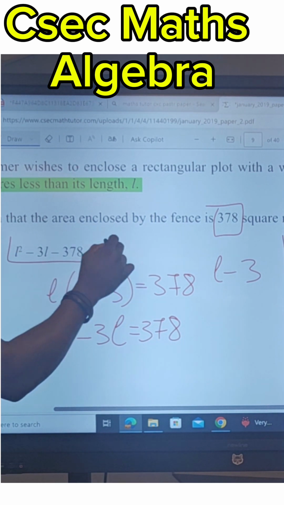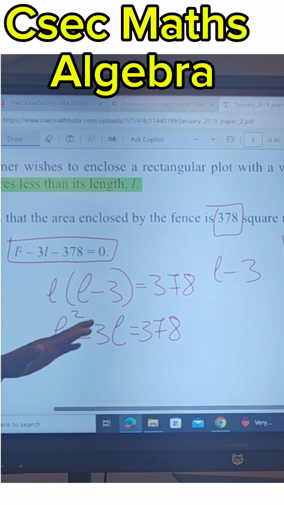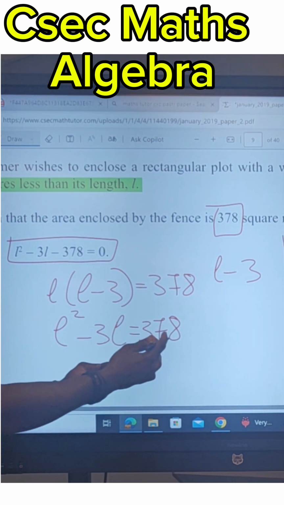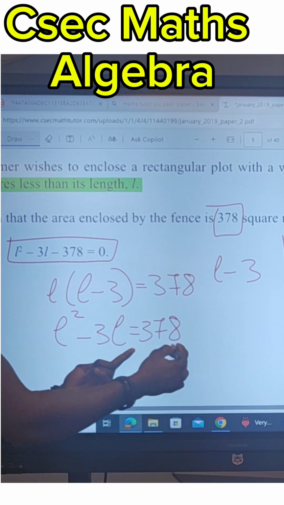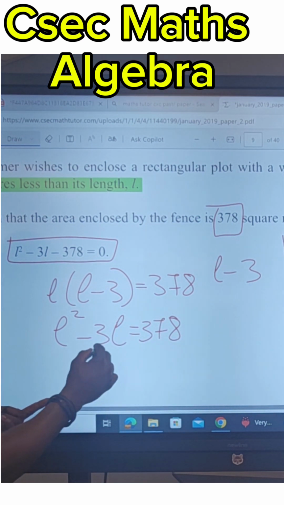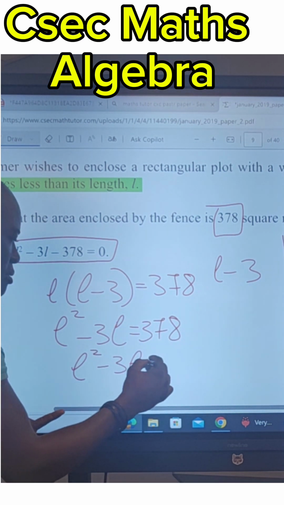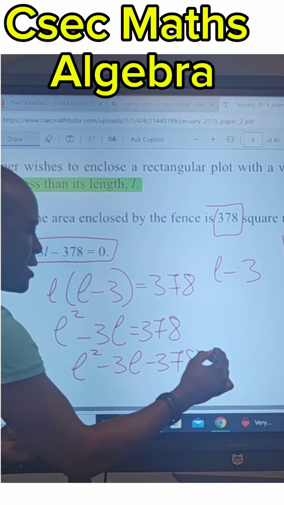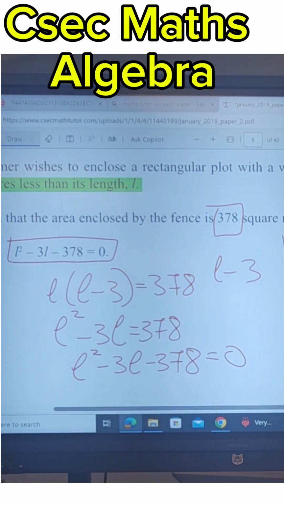We're trying to capture this format, so 0 must be on that side. I'm going to subtract 378 from both sides, so we'll have L squared minus 3L minus 378, and this is equal to 0. And then we would have proven what they asked us to prove right there.